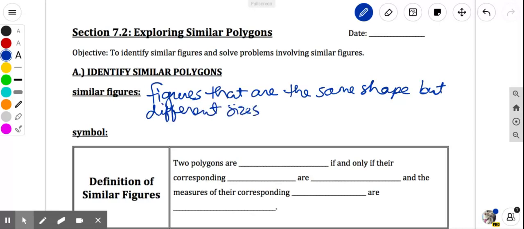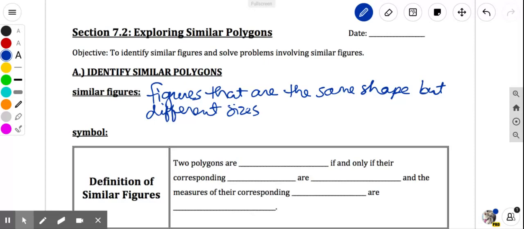Like if you have ever ordered school pictures and you get wallets and an 8x10, let's say, the wallet and the 8x10, the bigger one, are similar. The shape of your face and you look the same, just like one's an enlarged version of the other. So that's what similarity is.